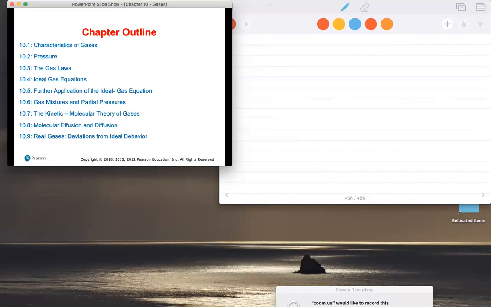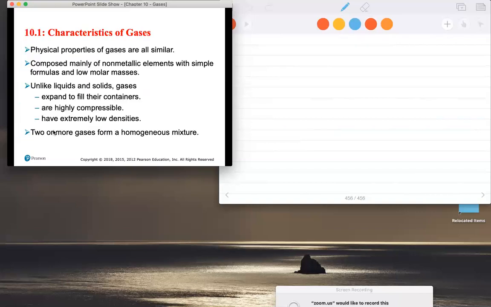Then mixtures and partial pressures. Last, we'll see the real gases versus the ideal gas. Let's start off with characteristics of gases.